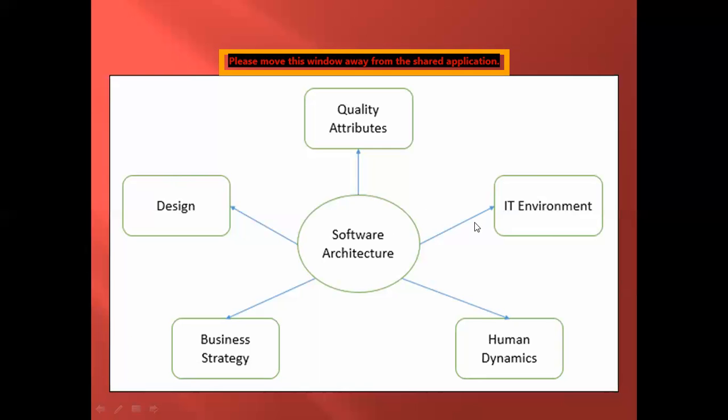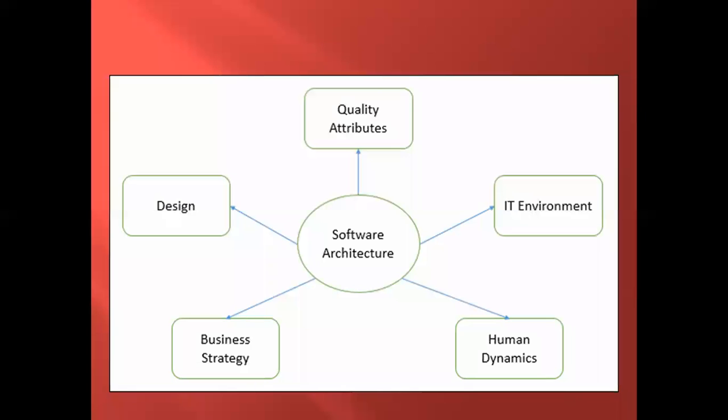Now, because this is related to software engineering, here we have the interface with the IT environment. Now you can see, what is going on outside, and we always check every time what is going on. So this is the IT environment, what is the environment outside your project, and this is the human dynamics.